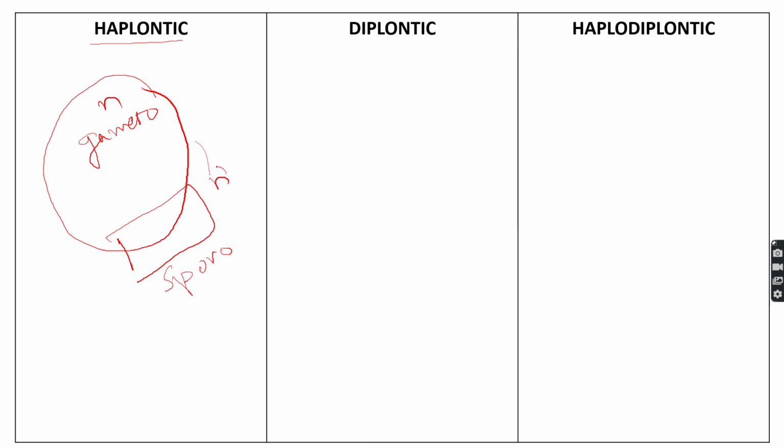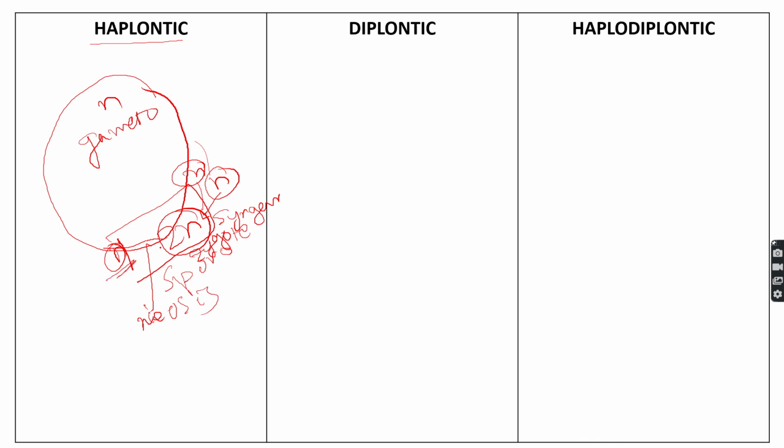So two single N will fuse or undergo syngamy and produce 2N or zygote. Okay, and again through meiosis they will become N.